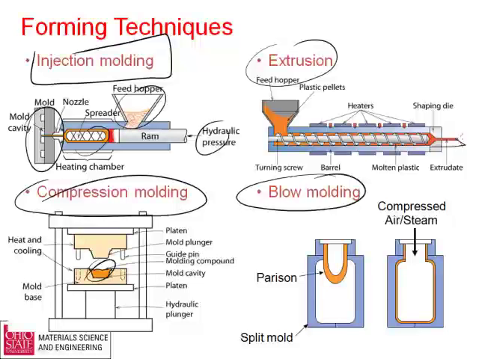What you basically do is use injection molding first to make this shape called a parison. And the cool thing about plastics at high temperature is they will behave almost like chewing gum. As a result, you can put gas pressure inside of it, blow this out, and make this bottle shape. Then cool it off, and boom, you've got a Coke bottle or whatever kind of bottle you like.